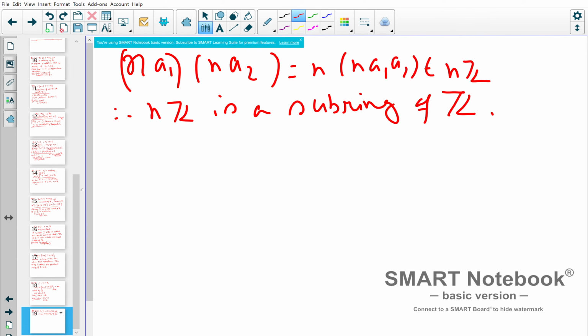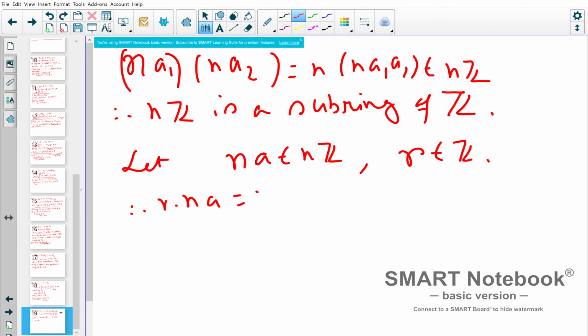So you select some n·a belonging to nZ, and some r belonging to Z, and obviously r times n·a is nothing but n times r·a, which is also an element of nZ, and also n·a times r is also an element of nZ.